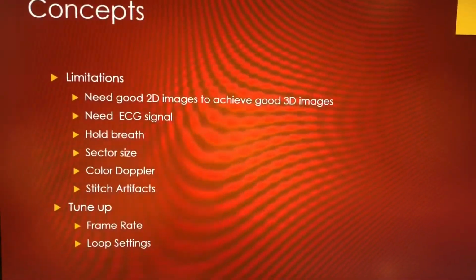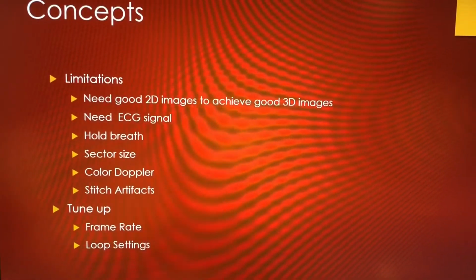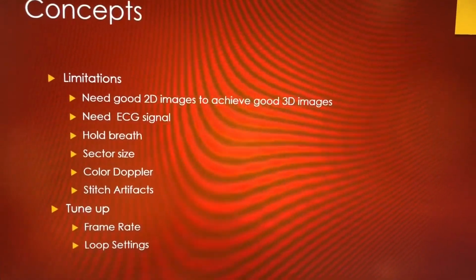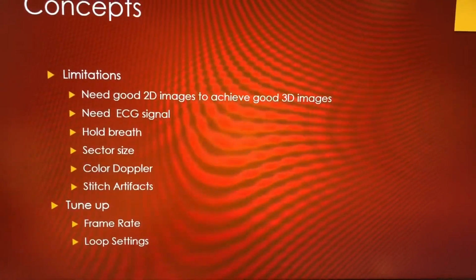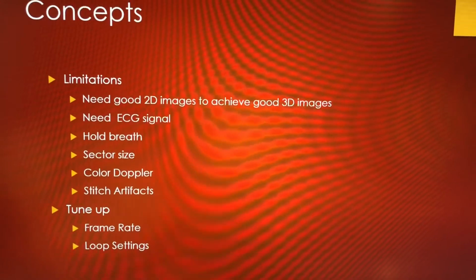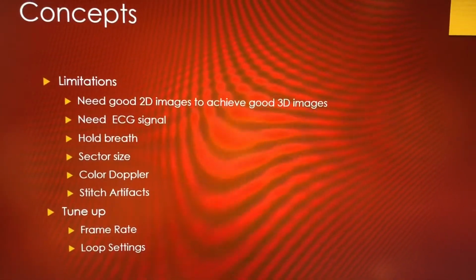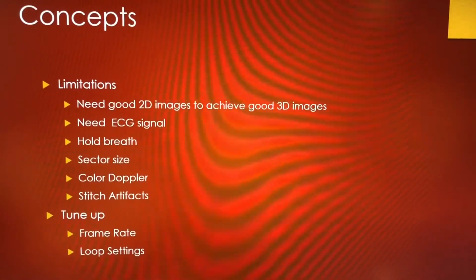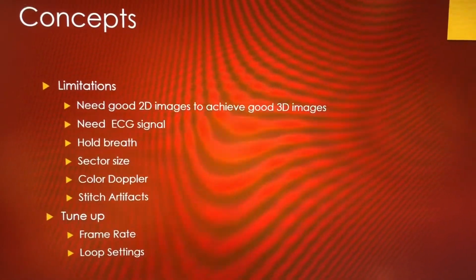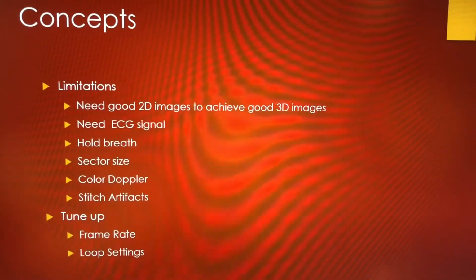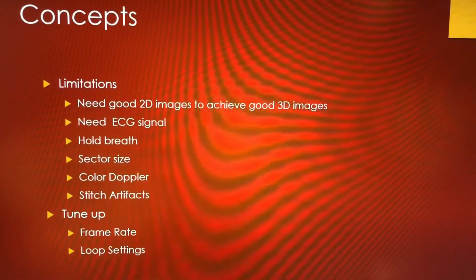So some basic concepts, limitations, what's going to hold you back from getting a good 3D volume and image, and ultimately, excellent information. Some of the limitations are that you need a good 2D image to achieve a good 3D image, so garbage in, garbage out.